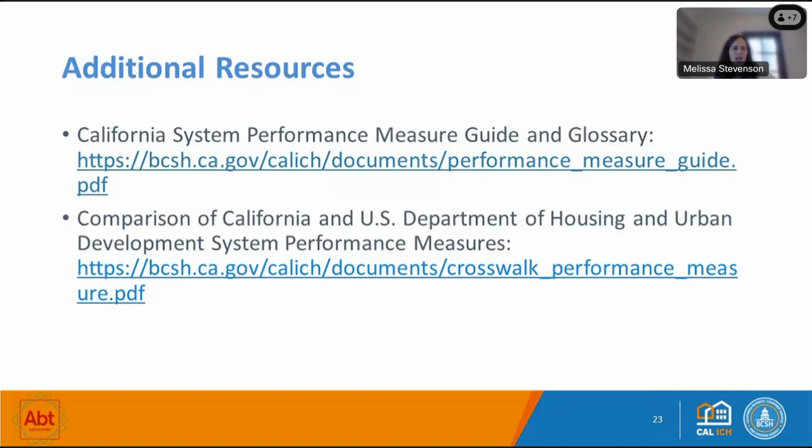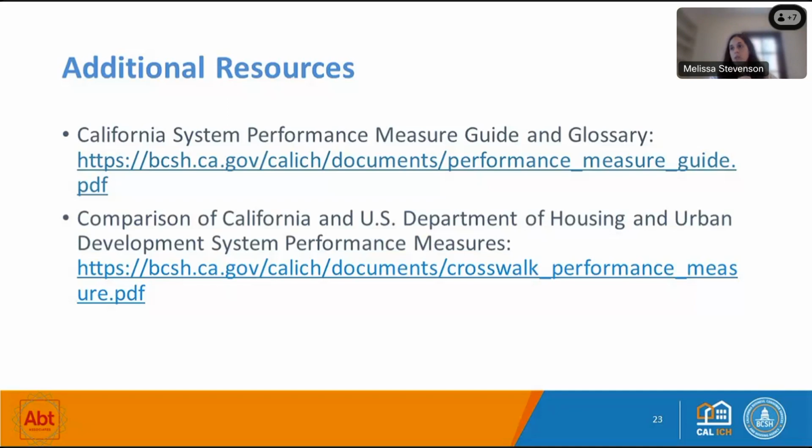But that system performance measure guiding glossary goes through what's in the template and how things are calculated. It's not as detailed as a technical specifications document, but it gives you some more details if you're wondering how they're calculated. And there's a glossary as well. I highly recommend reviewing that if you have questions about how those measures are being calculated.